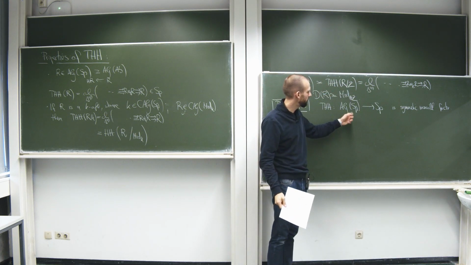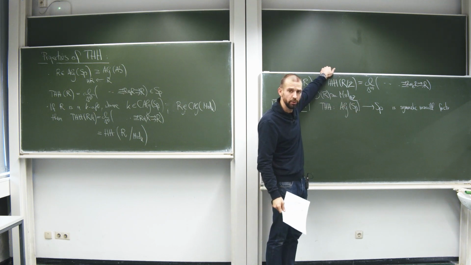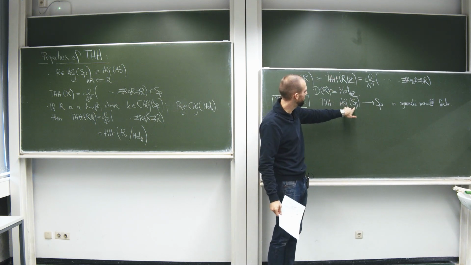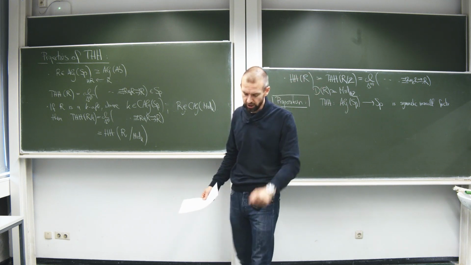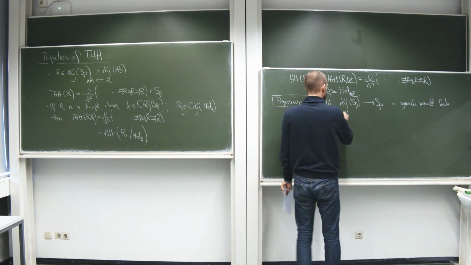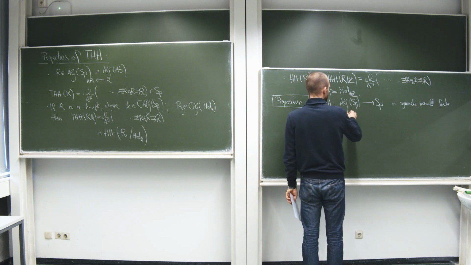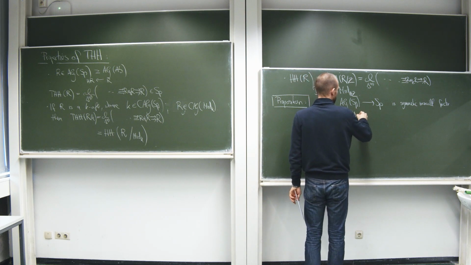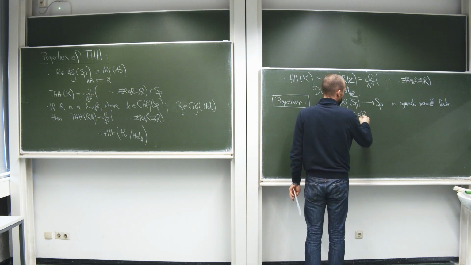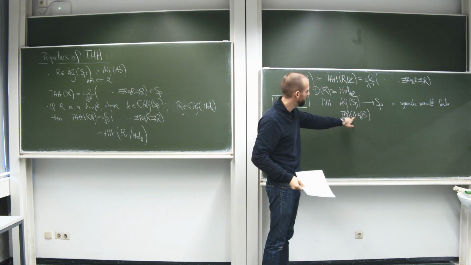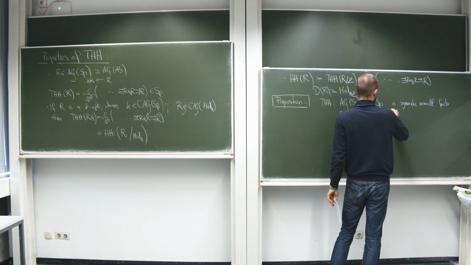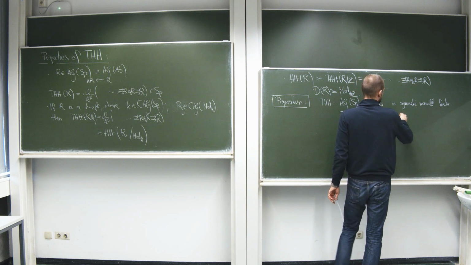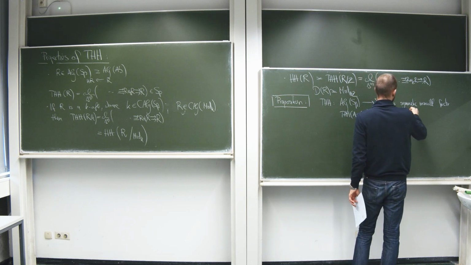And what are the symmetric monoidal structures in question here? Here the symmetric monoidal structure is a pointwise tensor product. So the tensor product of two algebras is just the tensor product. So in other words, in particular I claim that for two algebras A and B, A tensor over the sphere B is again an algebra, and the claim is that THH of that is just THH(A) tensored over the sphere with THH(B).